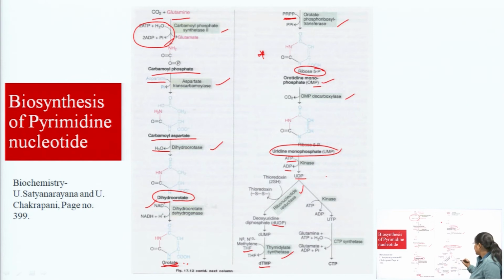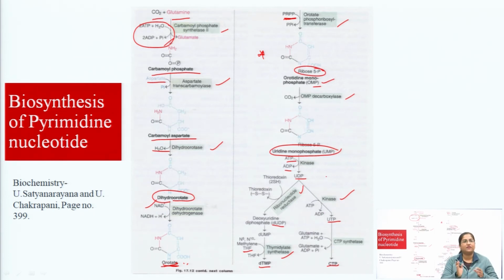And this UDP, on the other hand, on the right hand side, by using an enzyme kinase will be converted into UTP and then at last CTP. From UDP we have synthesized UTP. How will it happen? Only by incorporating one more ATP here.